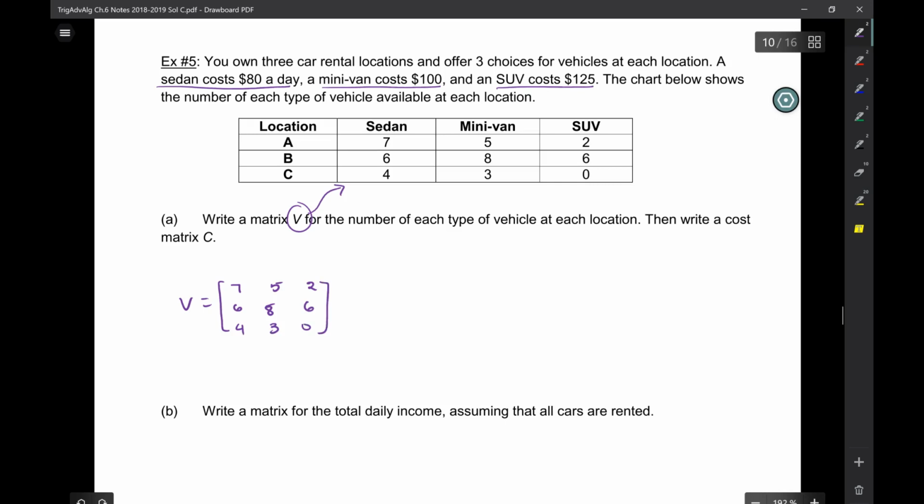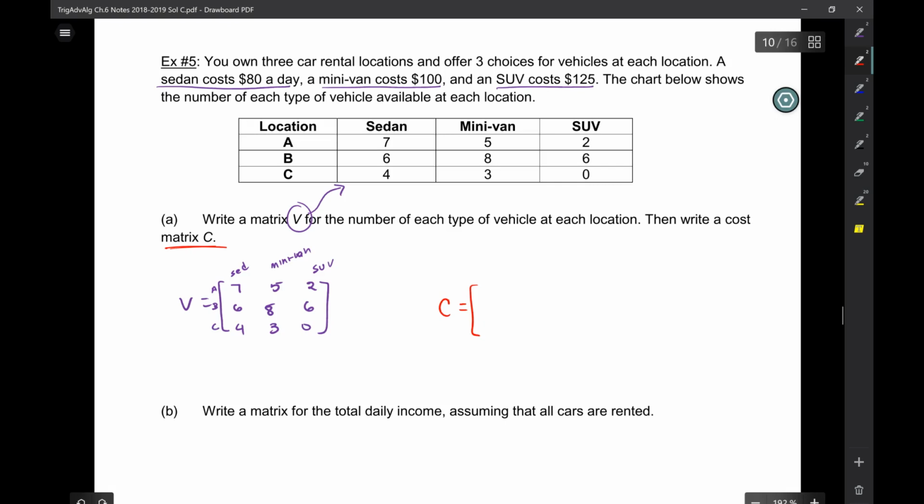So to remind you, this is the sedan, the minivan, and the SUV. And then these are your locations, A, B, C, right? By the way, you don't have to write those labels on the side. I'm just writing them to show you something, okay? Then it says to write a cost matrix C. Now the cost matrix C, how are the costs given to you?